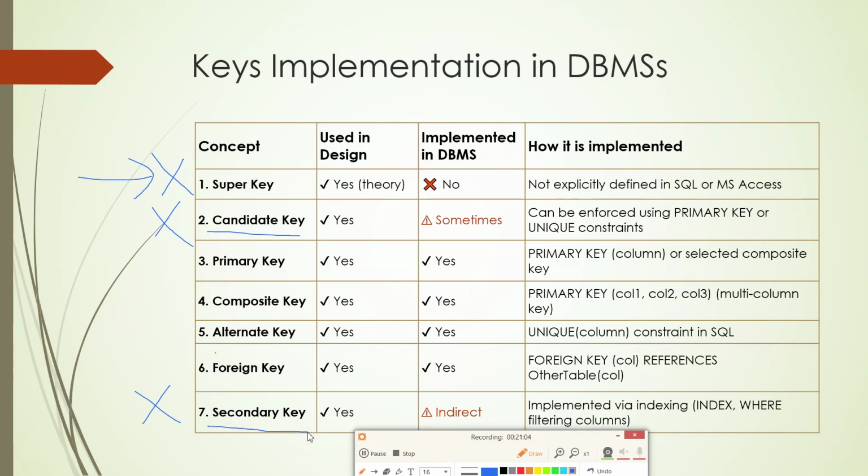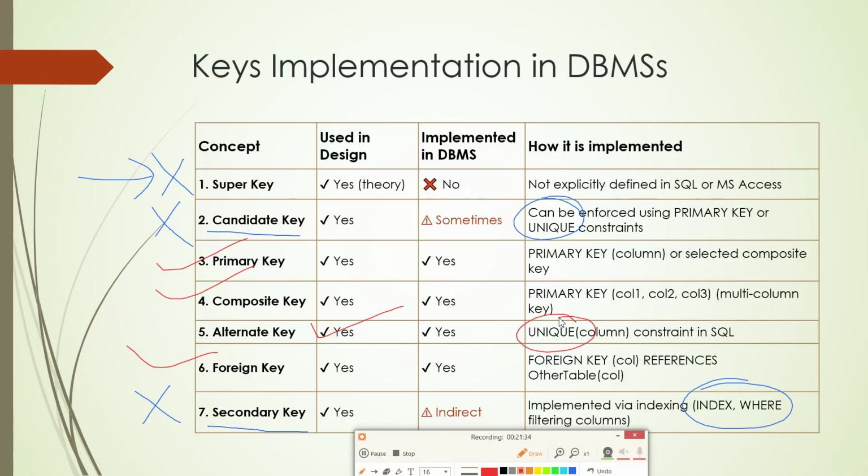Candidate key could be implemented with the help of unique constraints, and secondary key could be implemented with the help of indexes. The rest of the keys like primary key, composite key, and foreign key have direct implementation in a DBMS. Alternate key could also be implemented with the help of a unique constraint.